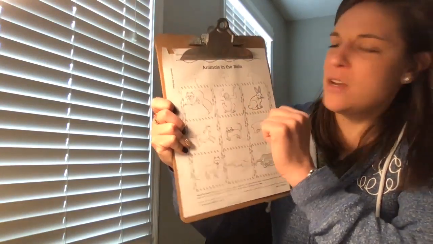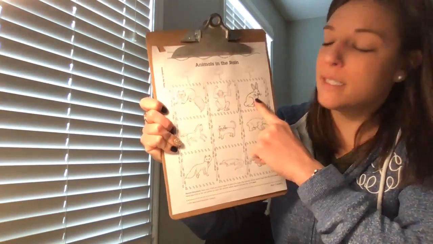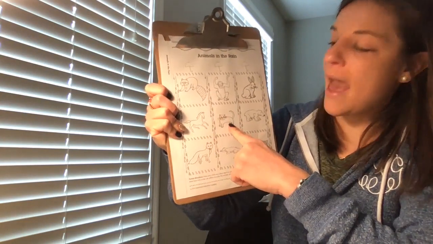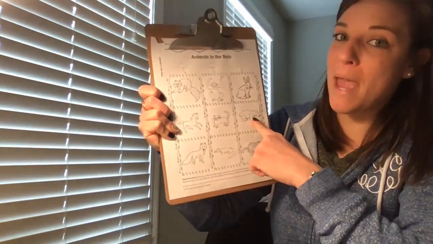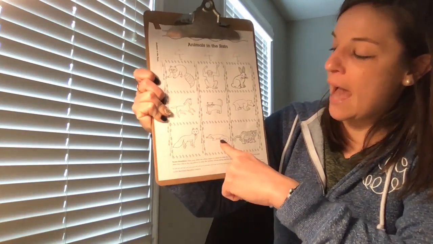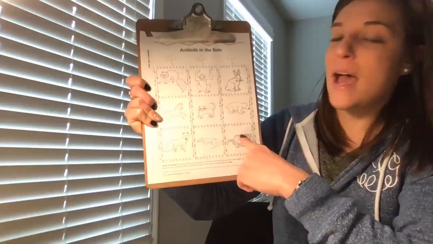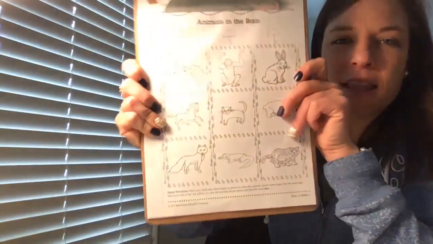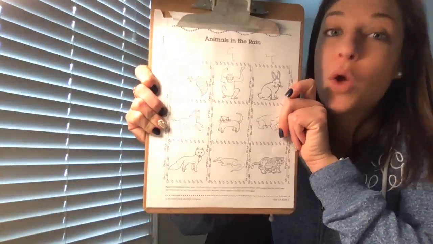We'll come back to that one in just a second. Rabbit. Horse. Cat. Bear. Fox. Alligator. Tiger. And gorilla. I came back to that one because I wasn't sure if it was gorilla or orangutan.